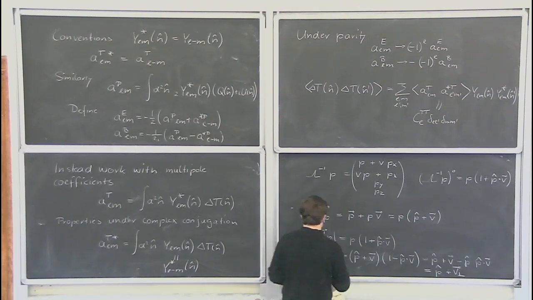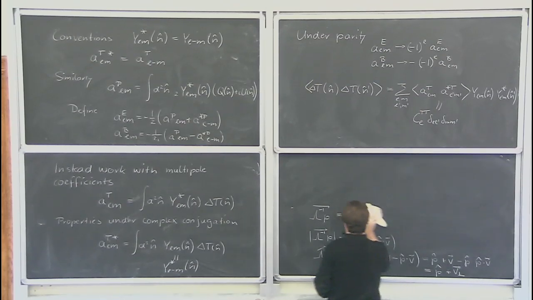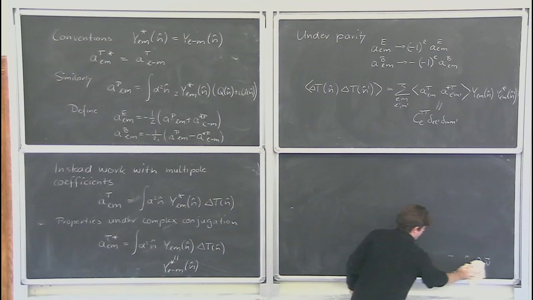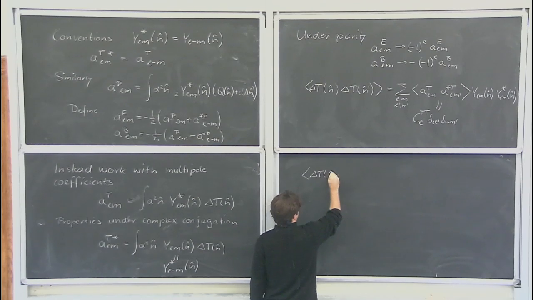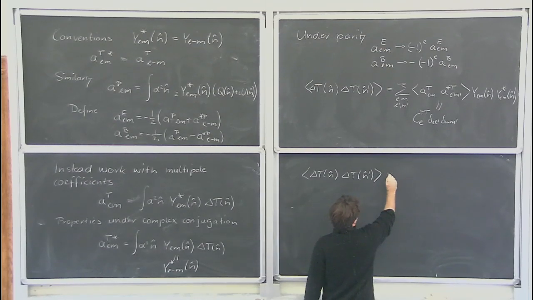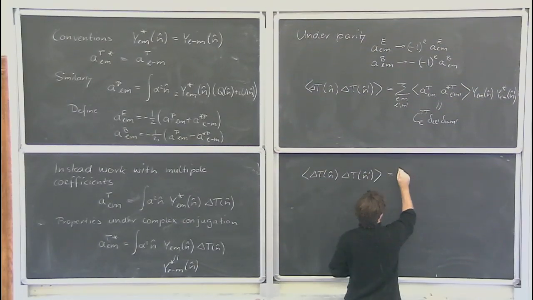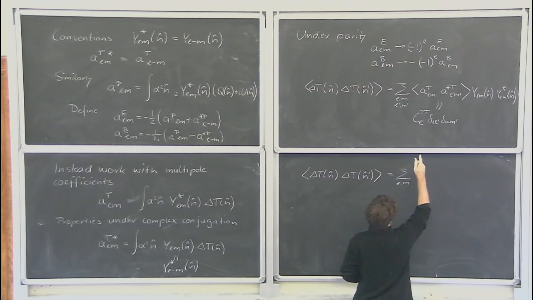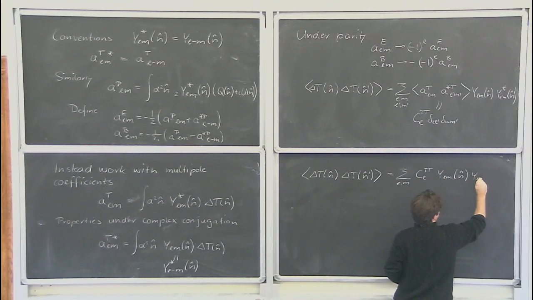And so then if you plug it in, you find that delta T of n hat, delta T of n hat prime is equal to, so this thing just cancels these sums, so we still have a sum over L and M. This is just C_L^TT, and then we have the spherical harmonics, Y_LM of n hat, Y_LM star of n hat prime.